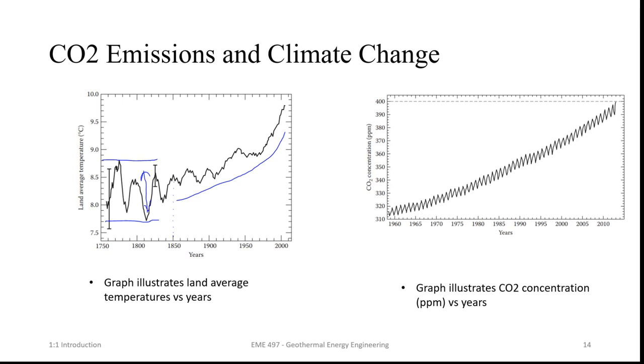And right now, the book says it's around 400, but in today's world, in 2018 or 2019, it's around 408 ppm, and it's expected to increase as long as we do nothing and as long as our energy consumption increases, with renewables not being able to catch up to eliminate that. And around the 1850s, I think the CO2 concentration was about 280 ppm. So this is kind of just to let us visualize the impact our consumption of fuel and our choice of fuel is having on the environment.